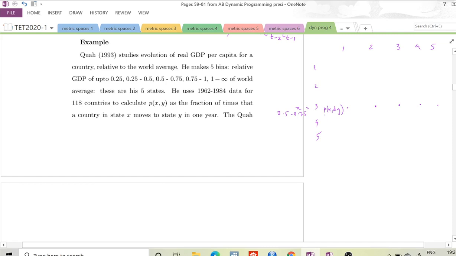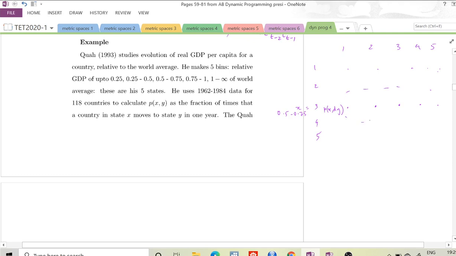Perhaps he uses some law of large numbers for Markov chains justification to calculate these P of XYs as the fraction of times in his data that a country in state X moves to state Y in a single year. Right? So if he calculates all these fractions, he'll have a number for each of these.